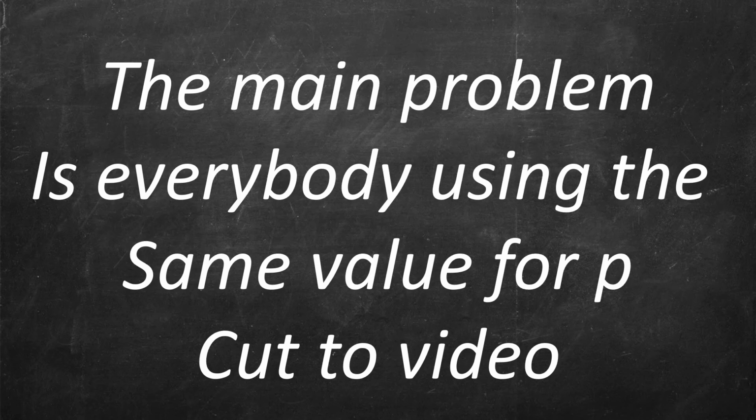So I need to write some code that figures out a value of P, make sure it's a prime number, and then use that and randomize it so every time the app is run it picks a different value for P. But the lazy way was that the IEEE published a guideline and they said, hey, here's a value of P that you can use. And then everybody that built their apps just hard coded it. So they wrote down P equals blah blah blah blah blah.